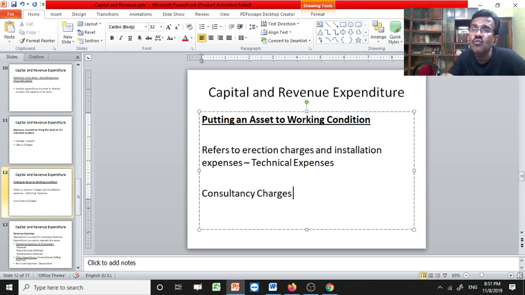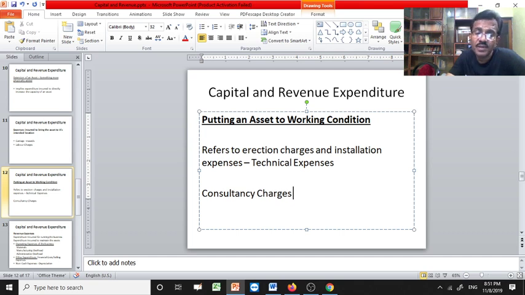As an owner, you might not be aware of it, so you might require engineers or external persons who understand these machines well, and they are going to charge you. That is called consultancy charges, and these are also capitalized, because if you do not pay that expense, you cannot start running the machine.